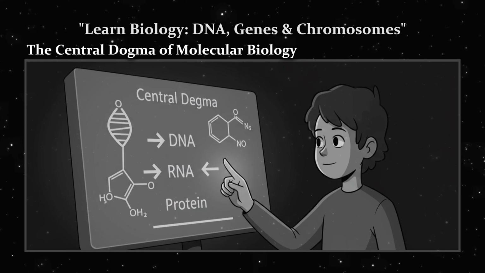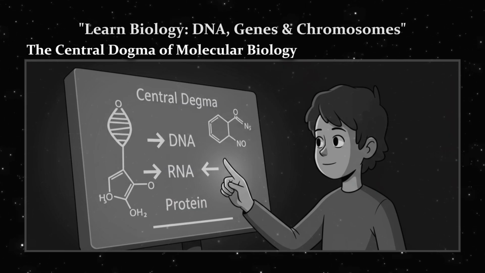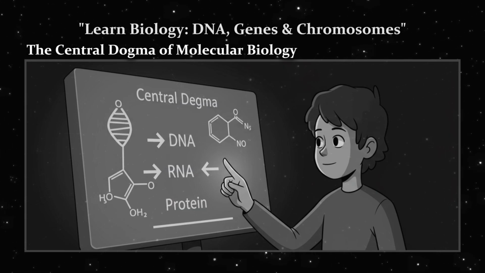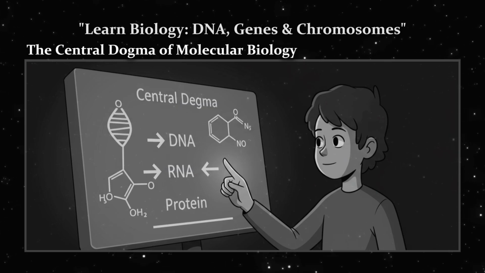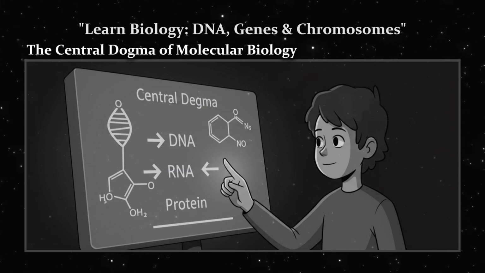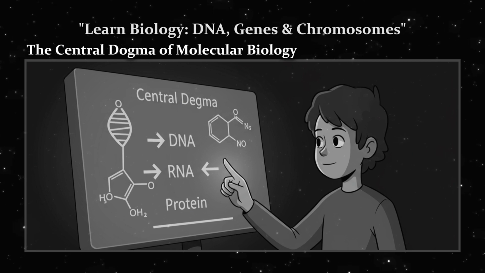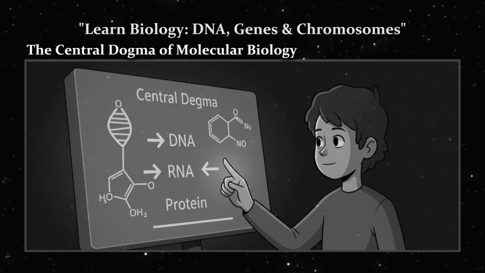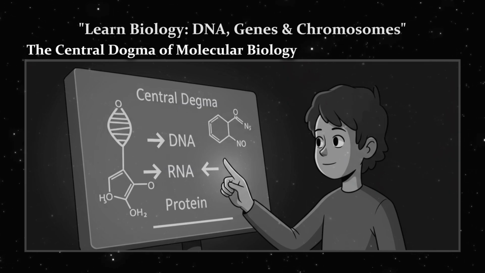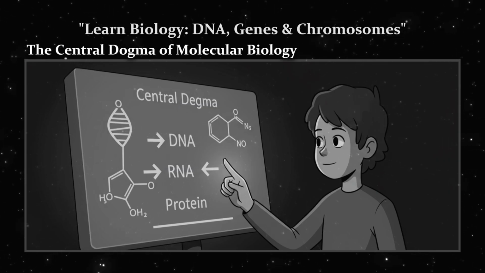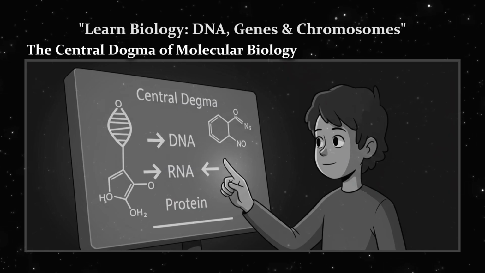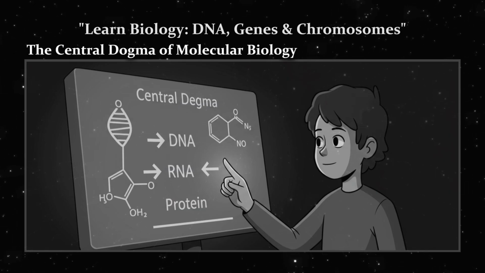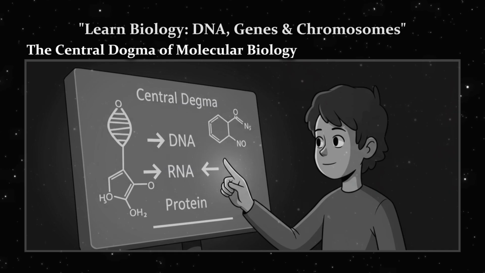When the cell needs to build one specific thing, it navigates to the DNA blueprint, finds the one recipe or gene it needs, and creates a copy of just that gene. This copy is not made of DNA. It is made of the closely related molecule, RNA. This RNA molecule is a messenger. It is a short, single-stranded, and mobile transcript of the original instruction.